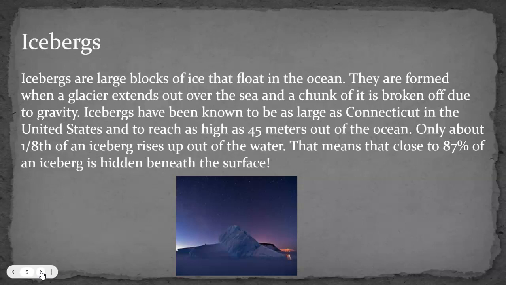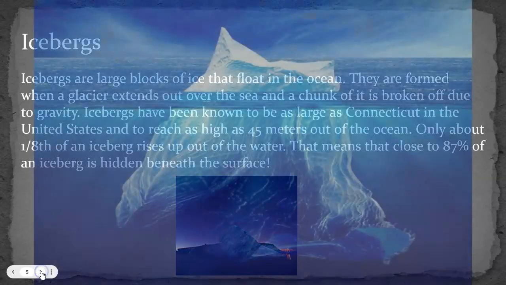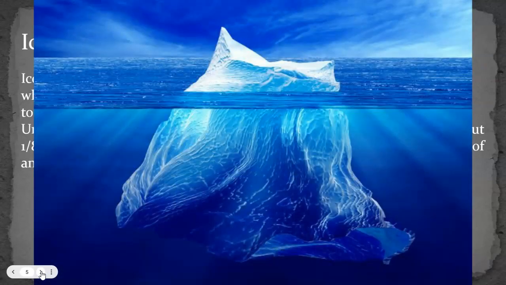But here's the real kicker. Only about 1/8 of an iceberg rises up out of the water. So that means close to 87% of an iceberg is hidden beneath the surface. Check this out. This just goes to show how icebergs float.